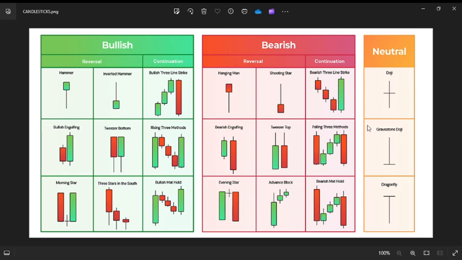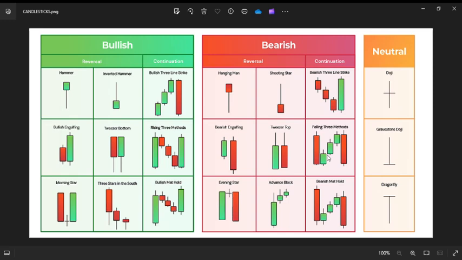Then we have the bearish continuation patterns. These are some examples of bearish continuation patterns. Whenever you see these in a downtrend, you should know that the downtrend will continue.